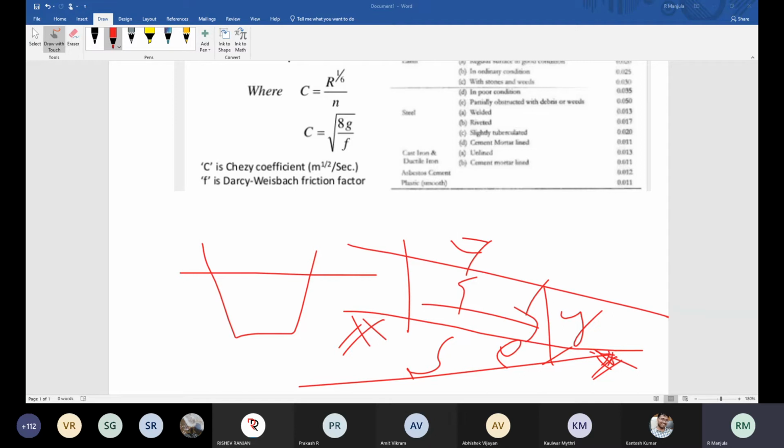I was talking about critical flow, subcritical flow and supercritical flow. So what are these different types of flows? Have you heard about Froude number?